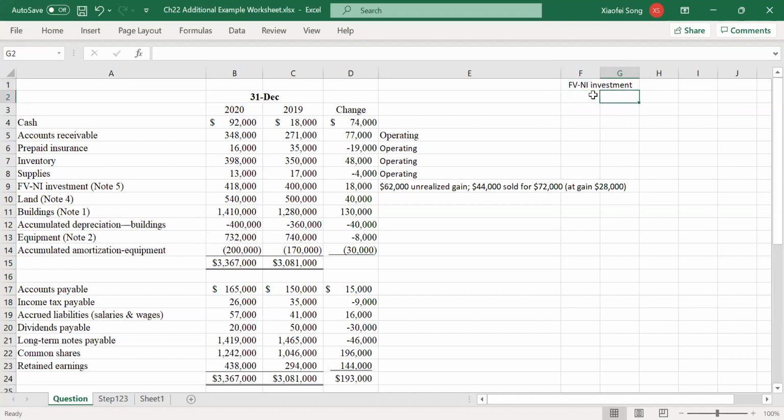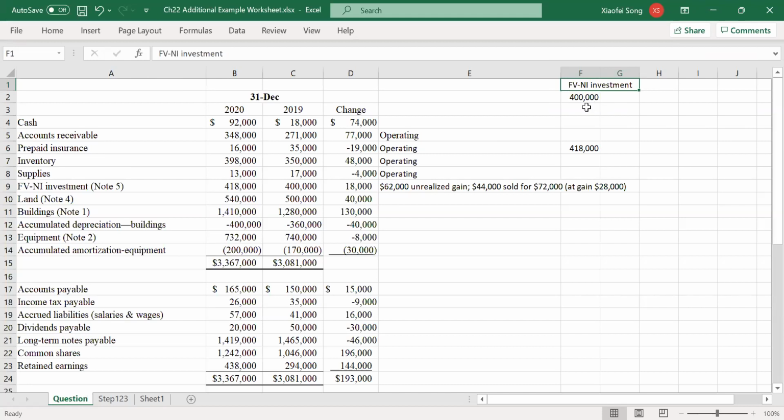What we know is that at the beginning, we have a balance of 400,000. And we know at the end, it's 418,000. Okay, so we know that. In between, two things happen. You sold some and you realize the gain.